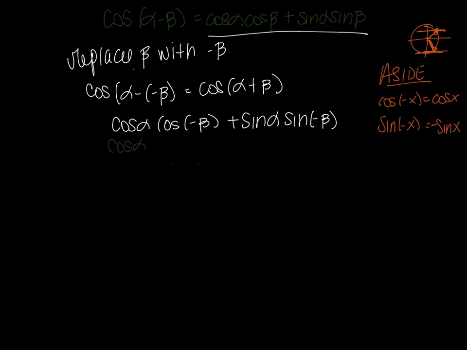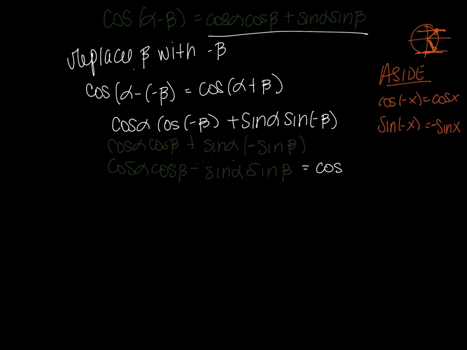We get that cosine of alpha times the cosine of beta plus the sine of alpha times the negative sine of beta. And we end up with cosine alpha cosine beta minus sine alpha times sine beta. And again, this is equal to cosine of alpha plus beta.